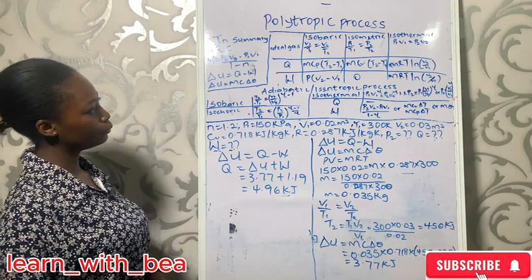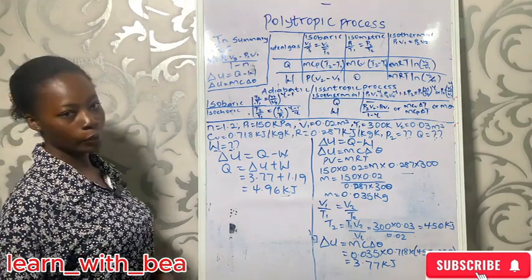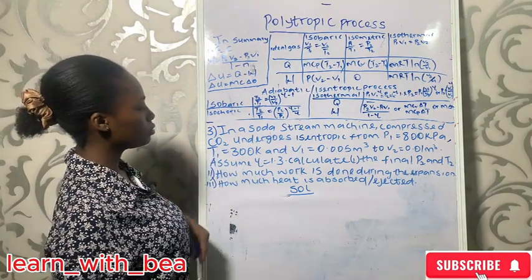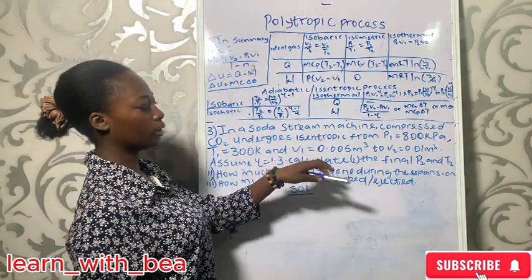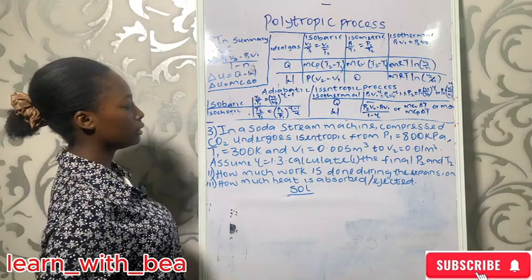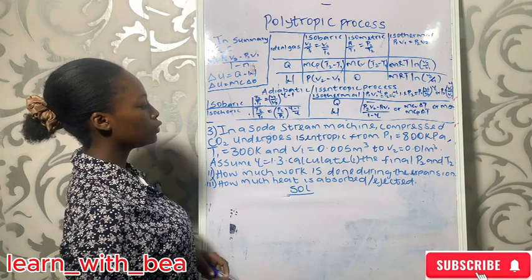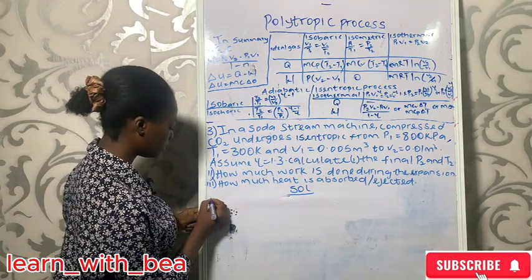So let's move to the third question. In a soda stream machine, compressed CO2 undergoes isentropic. Okay, so they already let us know that it undergoes an isentropic process. So let's write out our parameters.